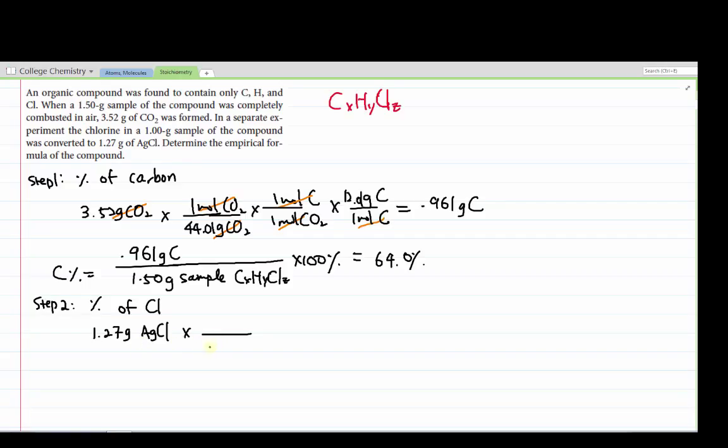Find the molar mass from the periodic table. You get 143.32 grams per 1 mole of silver chloride. In 1 mole of silver chloride, you find 1 mole of chlorine due to their 1-to-1 ratio.